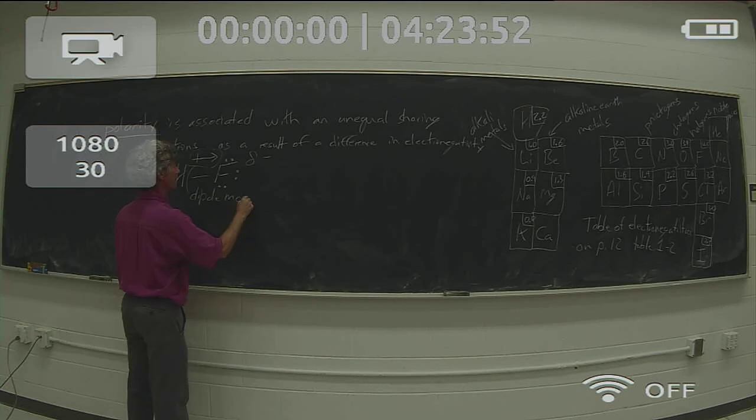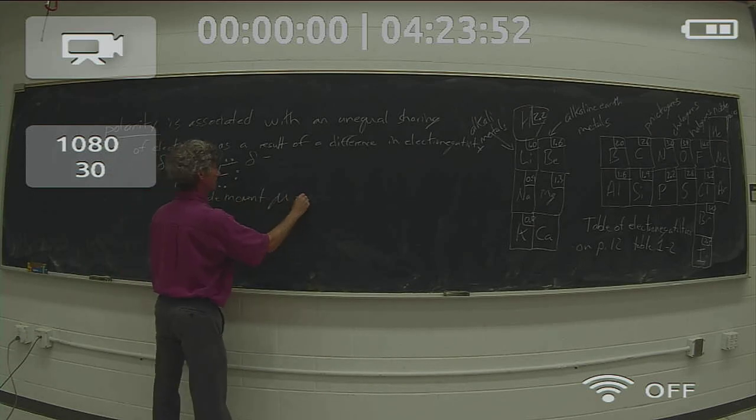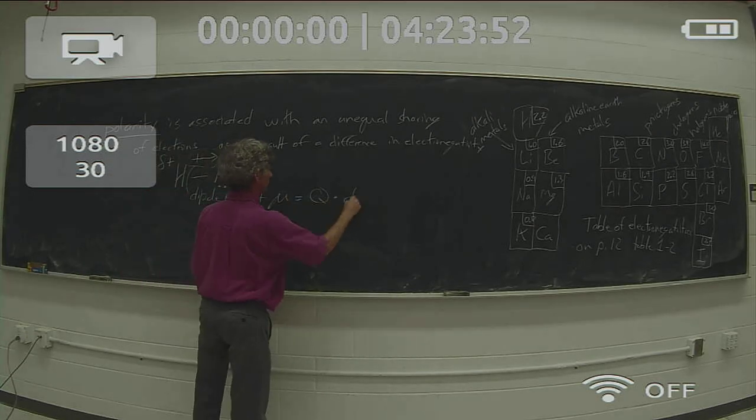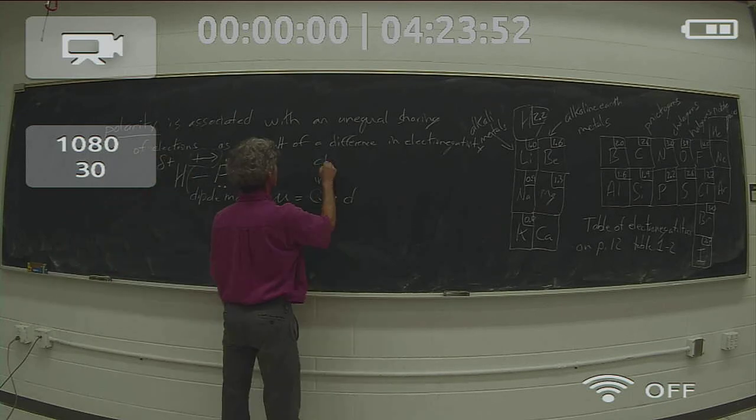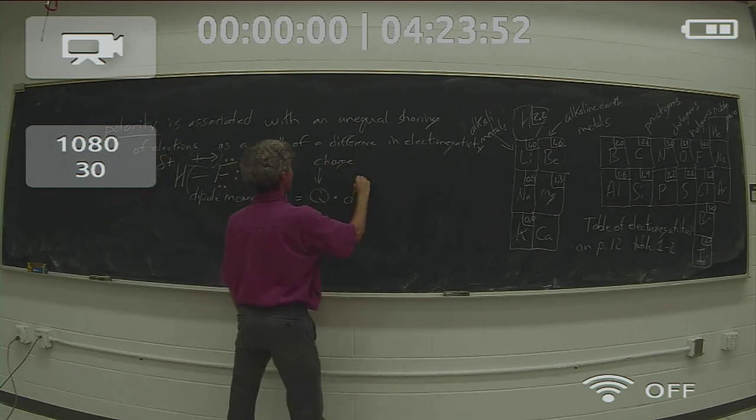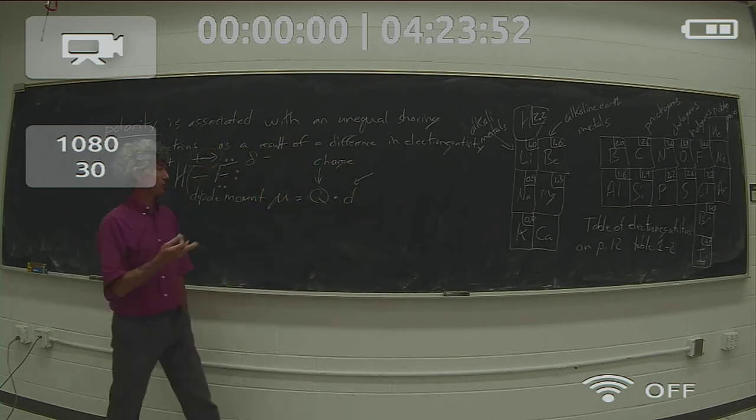The dipole moment, mu, you'll probably remember, is equal to the product of charge, Q, and distance of separation between the charges, d.